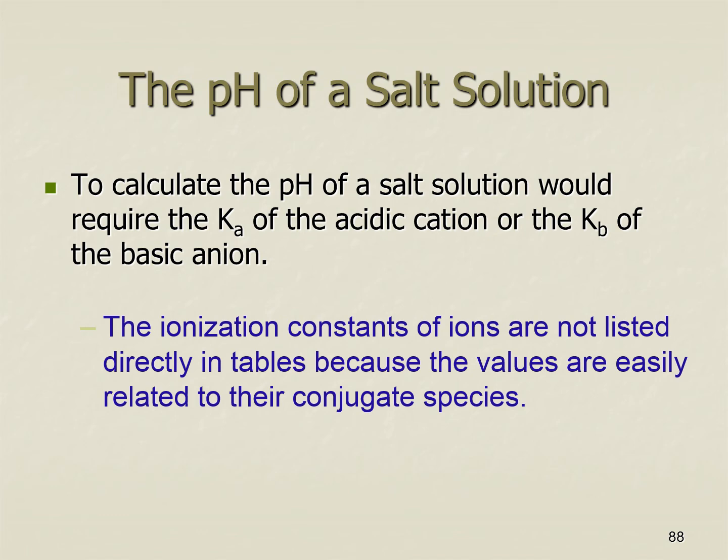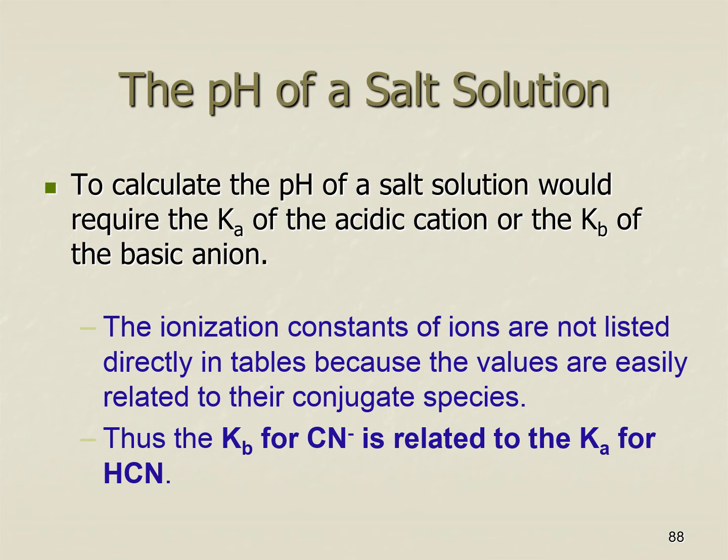It's not super hard, but it's not as easy as you might first think. But it turns out that the Kb for a negative anion is related to the Ka for the acid. They're directly related to each other. So you're not going to be able to find the Kb for CN negative, for example, but you'll be able to calculate it by looking up the Ka for HCN.